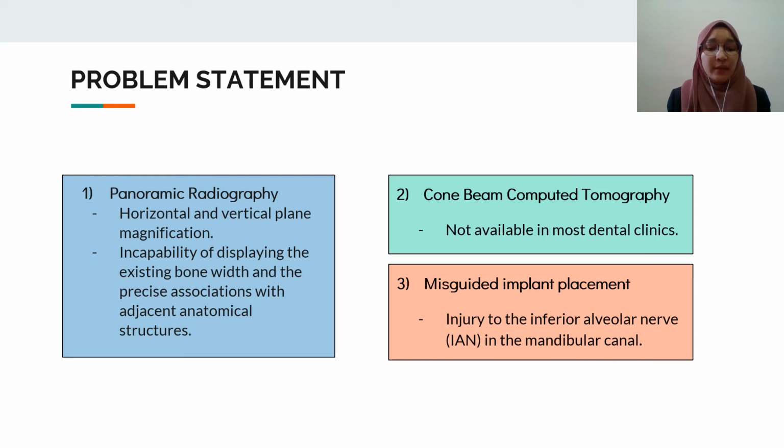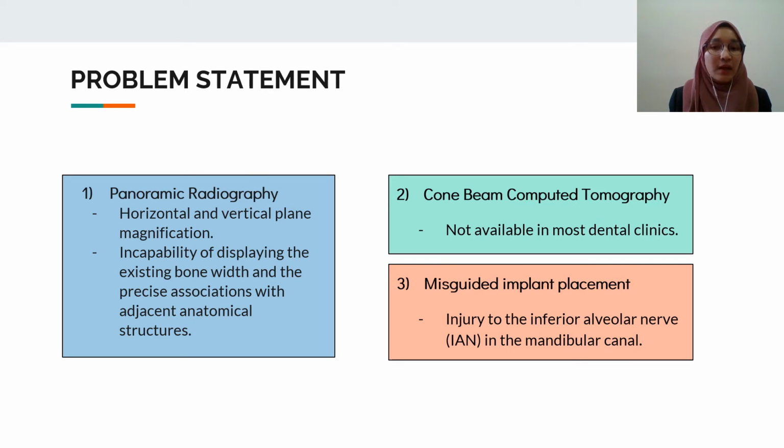However, having said that, both have their own limitations. Panoramic radiography provides horizontal and vertical plane magnification and is also unable to display the existing bone width and its precise association with adjacent anatomical structures. While for CBCT, although it has more advantages in pre-implant assessment, it is not available in most dental clinics due to the cost, where it becomes a question whether pan-radiograph is adequate as a pre-operative imaging modality before proceeding with dental implant treatment.